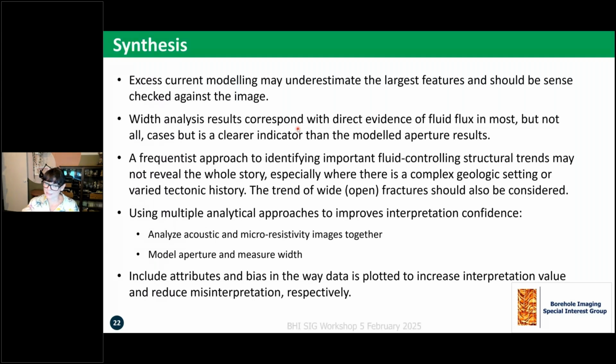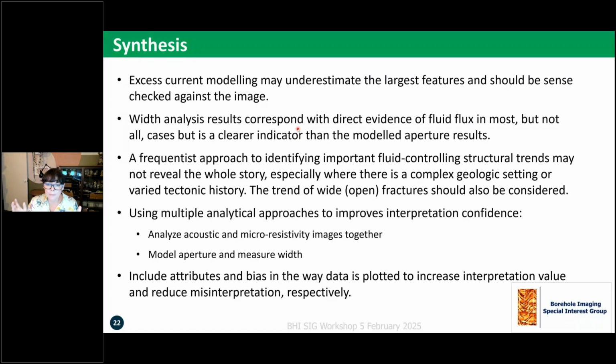Like any analysis, if we can use multiple approaches, our interpretation confidence increases greatly. So using an acoustic and microresistivity together is ideal. It gives you both that geologic context from microresistivity, all of those textures, the ability to understand why you have fractures in one place and another, and then with the acoustic, that travel time data becomes invaluable for those of us looking for the big fractures.